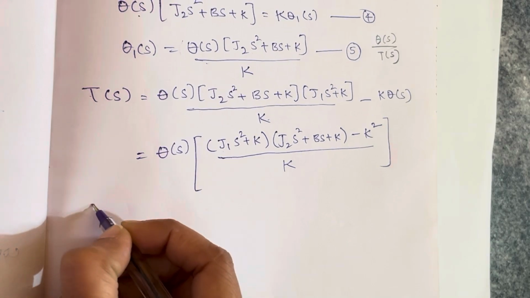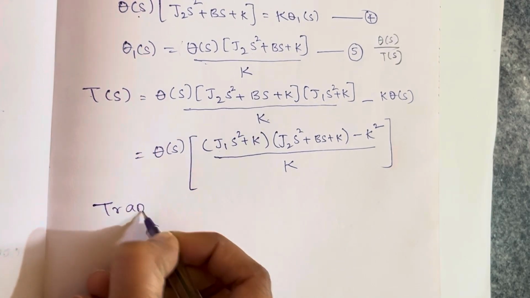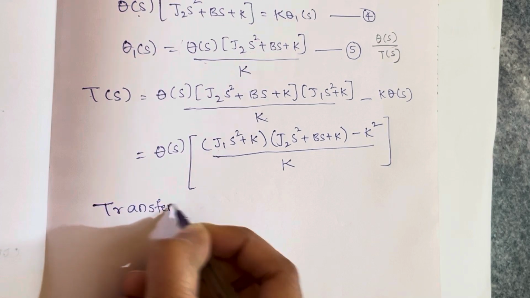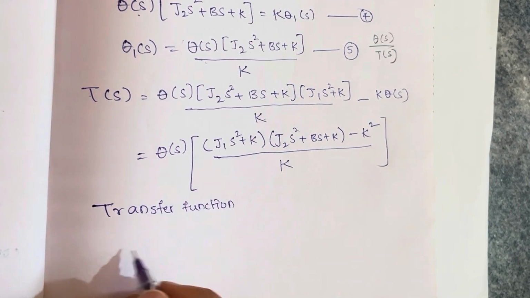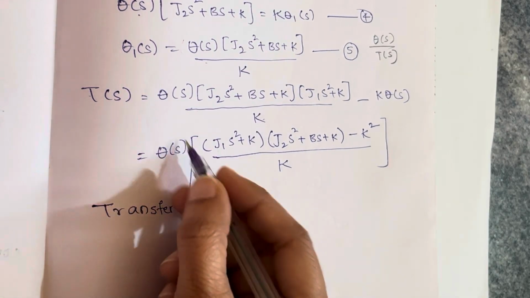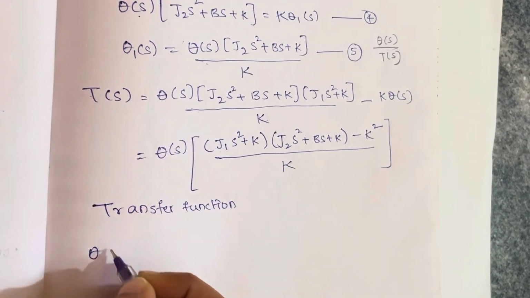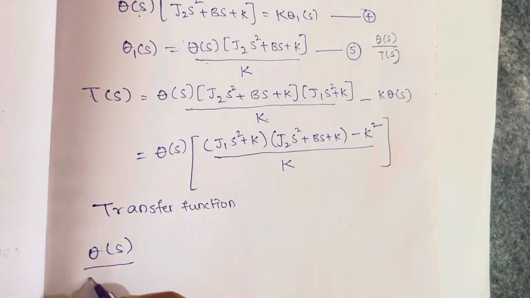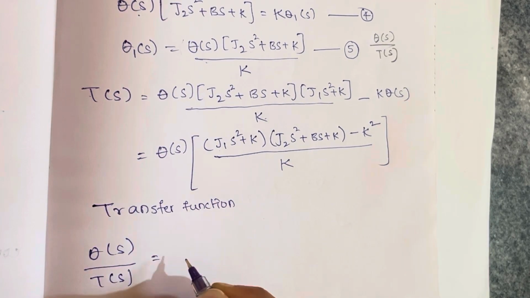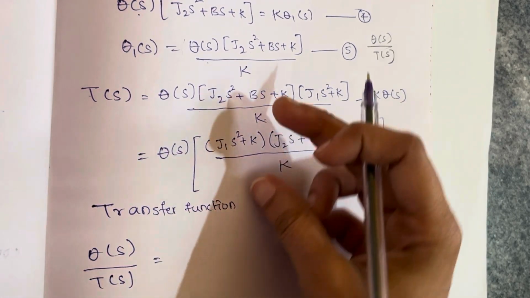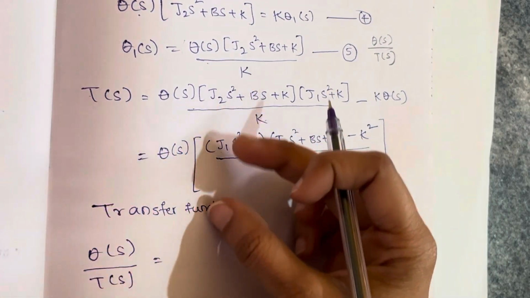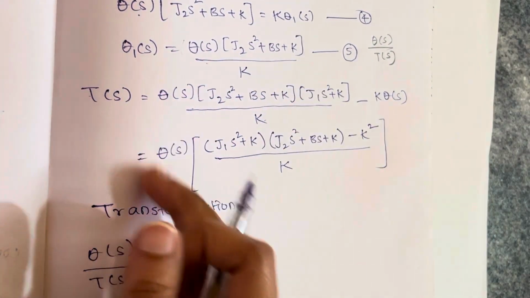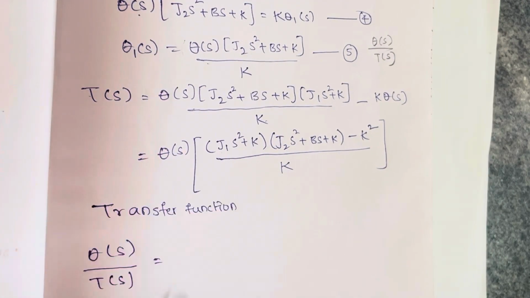Let me write the transfer function directly. Transfer function theta of s by T of s equals, I have to invert because I am taking this to the left hand side, so it gets reversed and has to come in the numerator, right?